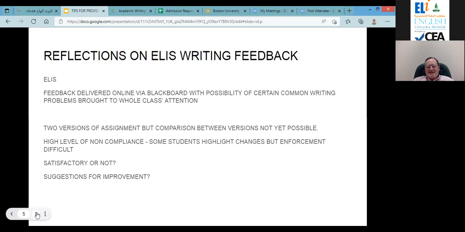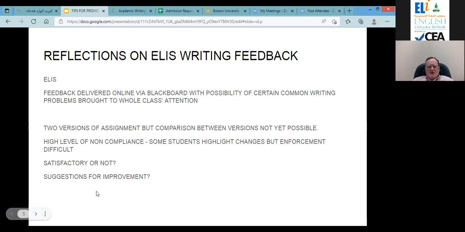Now really, this is not about providing written feedback. This is in particular some reflections on writing feedback from my experience in the last 2 semesters. And I don't know about other teachers who have other students on other tracks or who are in other departments.